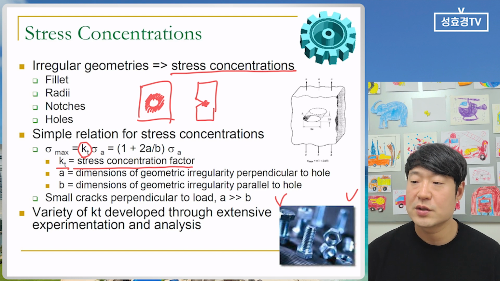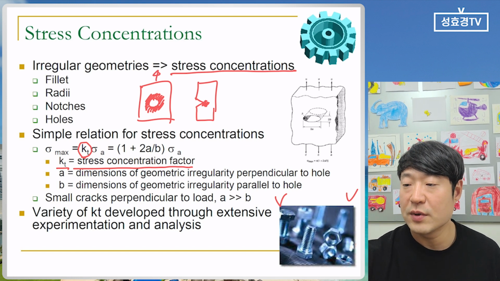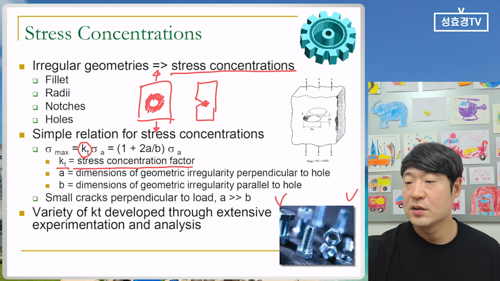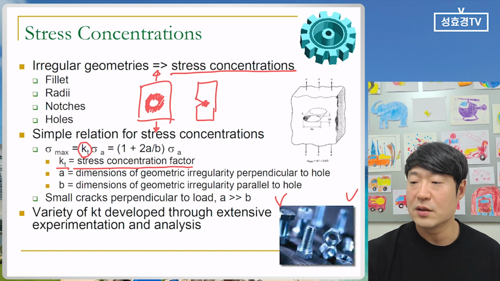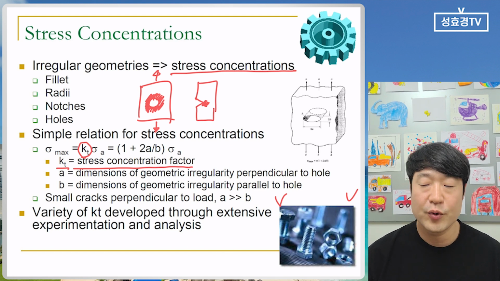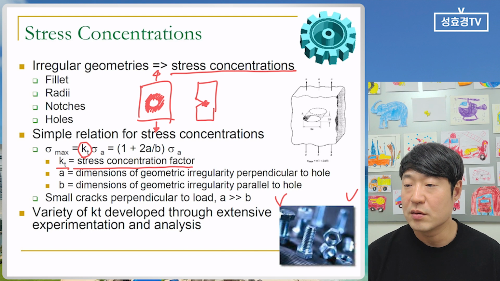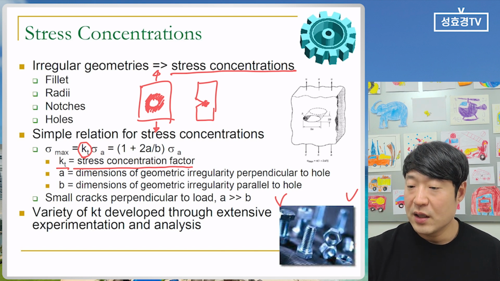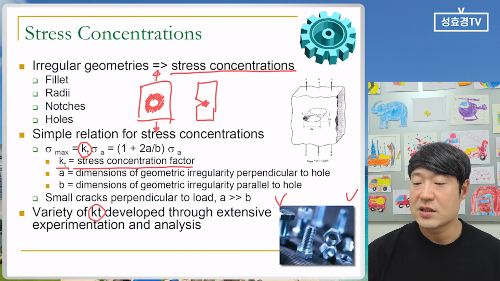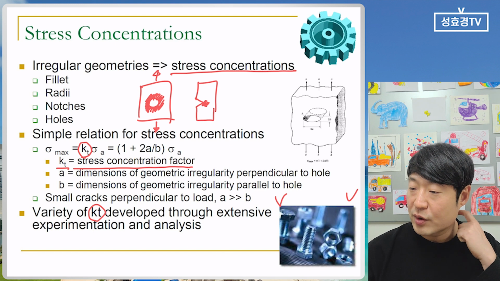So even though we just conducted the same tensile test, this area is pre-deformed, so we need to consider this part. So the various KT values were developed through extensive experimentation and analysis. That is a very important part to understand.